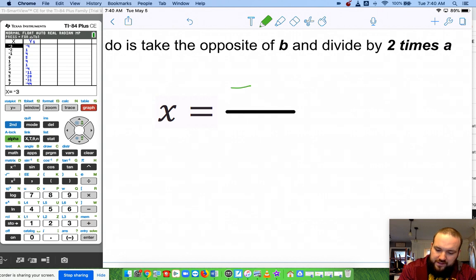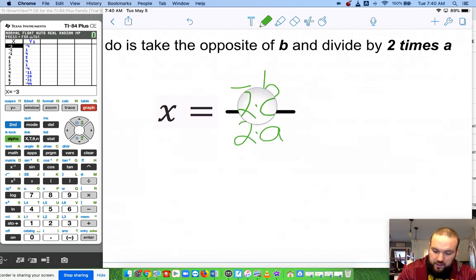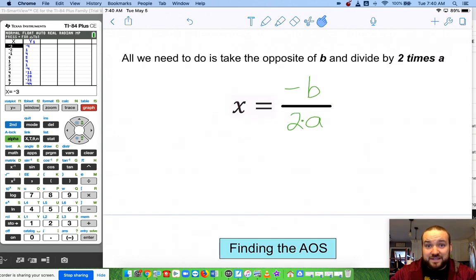And the rule is it's the opposite of b, so whatever the b number is, divided by 2 times a. You'll hear negative b over 2a from your instructors as well, but the opposite of b divided by 2a gives me the single number where that line of symmetry will hit the x-axis.